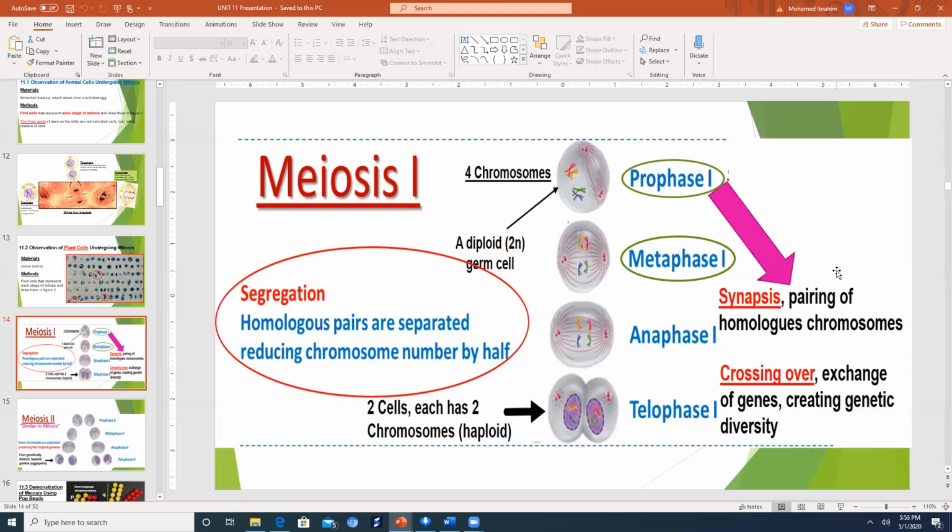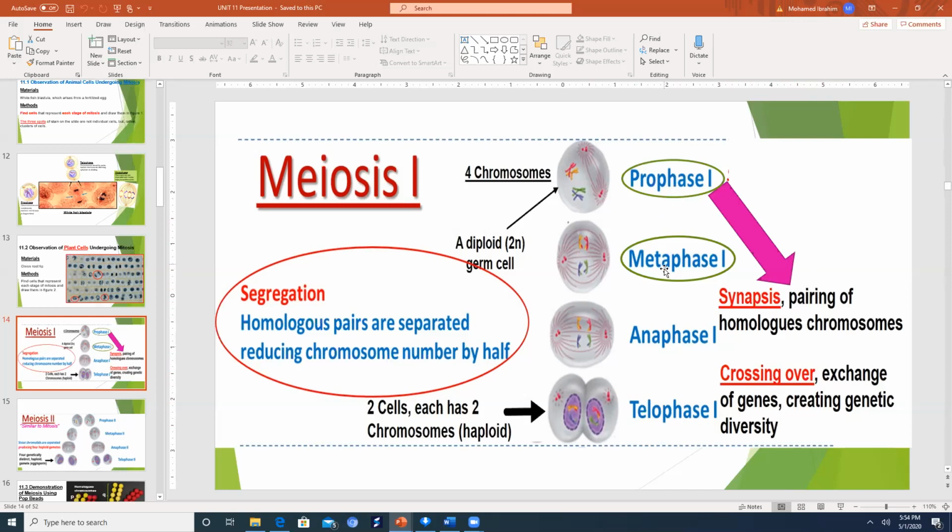We call those homologous. So those homologous chromosomes are going to synapse or pair. That will set the stage for crossing over, or exchanging of some genes. Some segments between homologous chromosomes are going to be exchanged during this phase. It only happens during prophase.